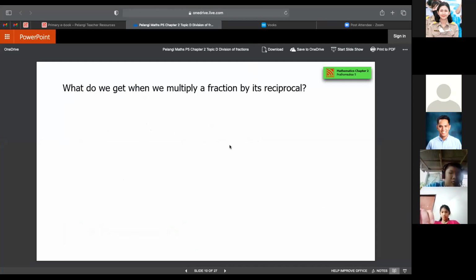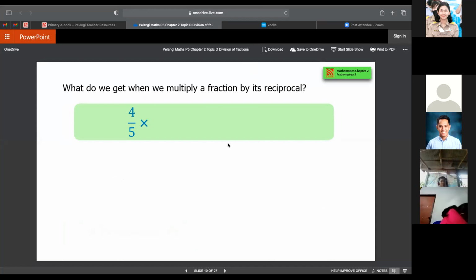Now, what do we get when we multiply a fraction by its reciprocal? 4/5 times 5/4. 4 times 5 is 20. 5 times 4 is 20. So the answer is 1 whole.